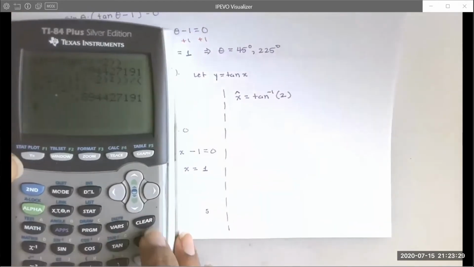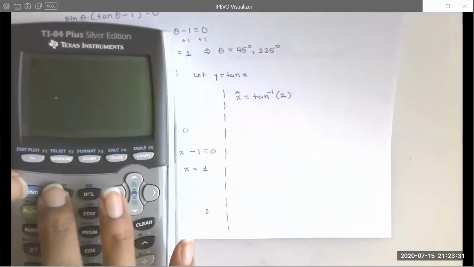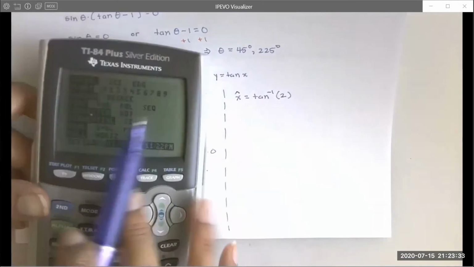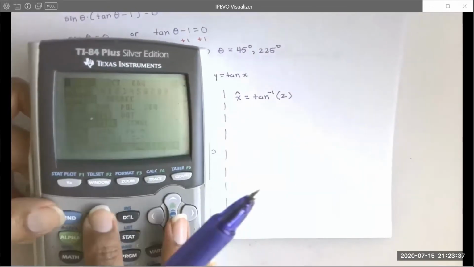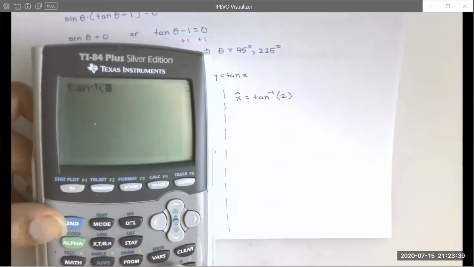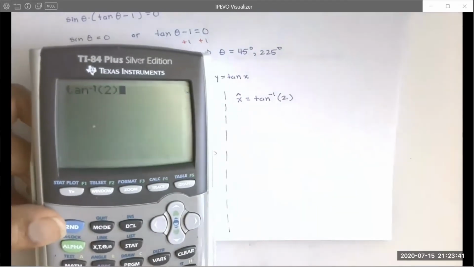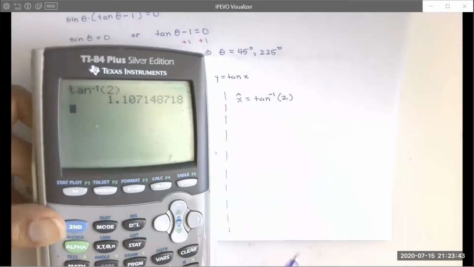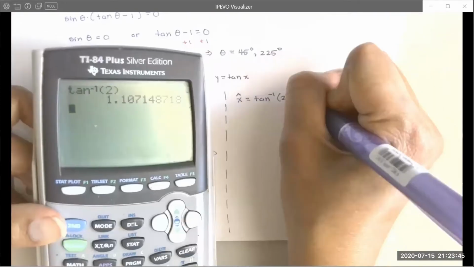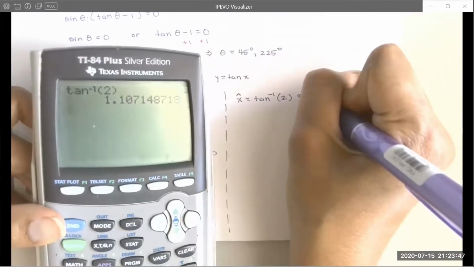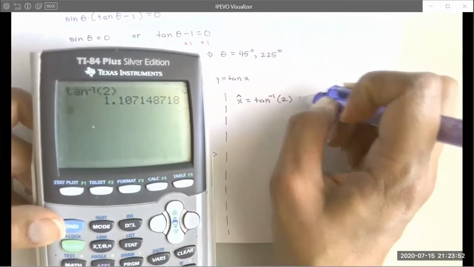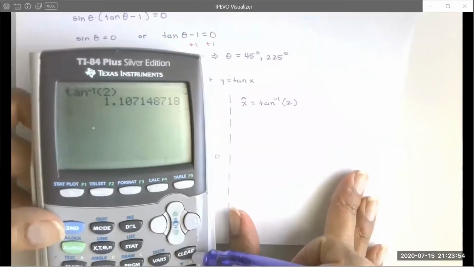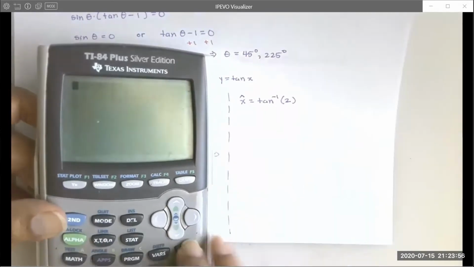We have to be working in radians, so just make sure that your calculator is in radian mode. Okay, so then tangent inverse of 2 is giving me a reference angle of approximately 1 point. Actually, you know what? Let's leave it like this, that way we have an exact form. Okay, so the reference angle is tan inverse of 2.